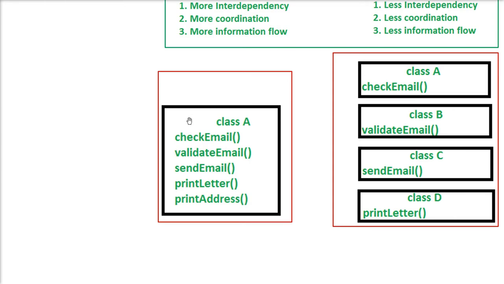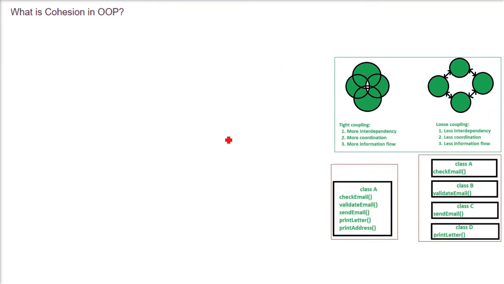They are like-minded. They are doing only the work for email. That is, this particular class has high cohesion, very good cohesion. And that is what we want.